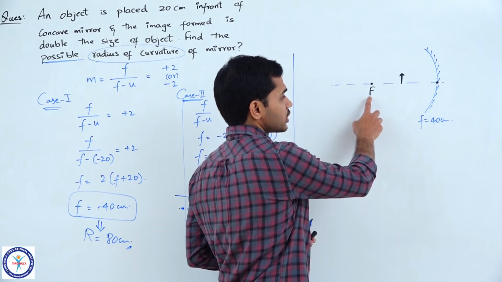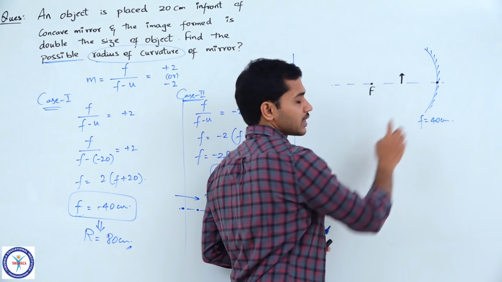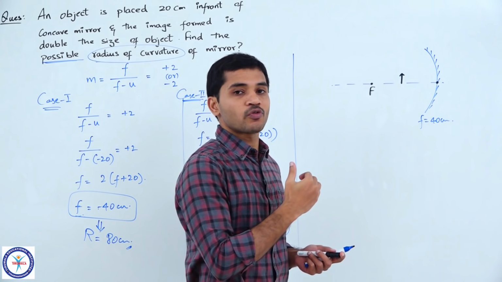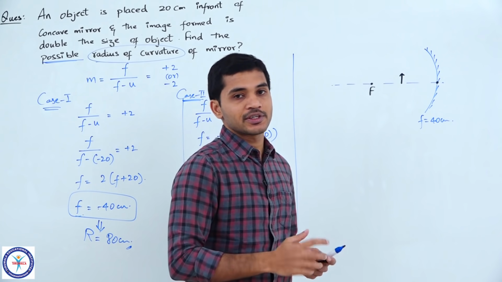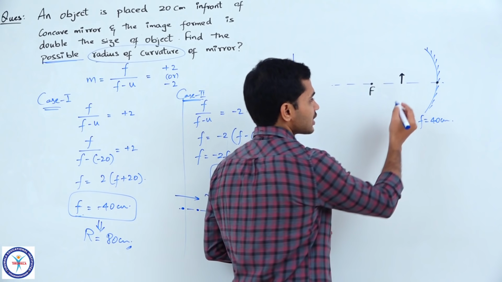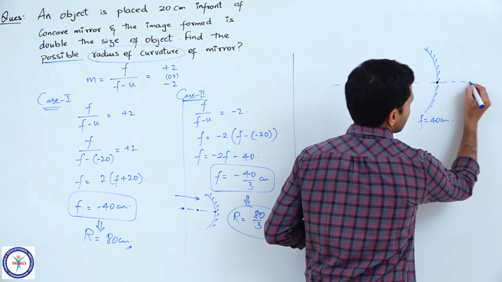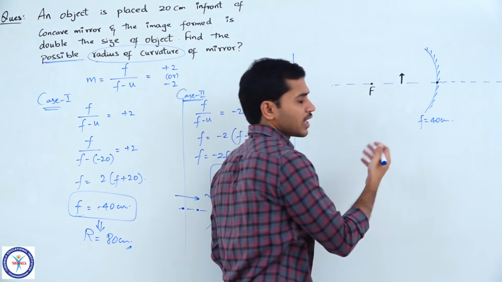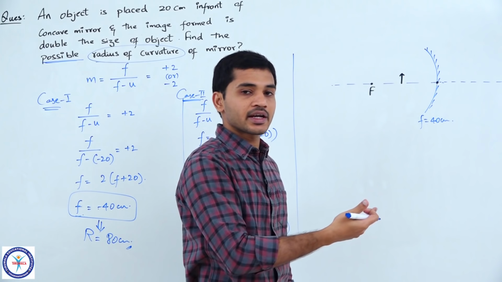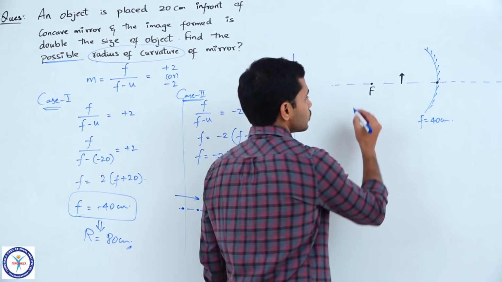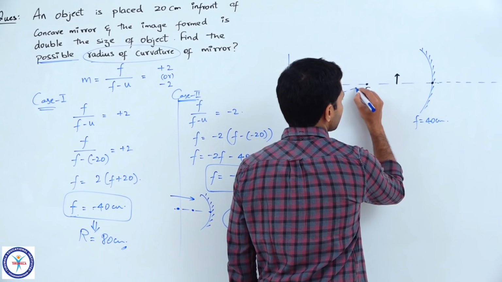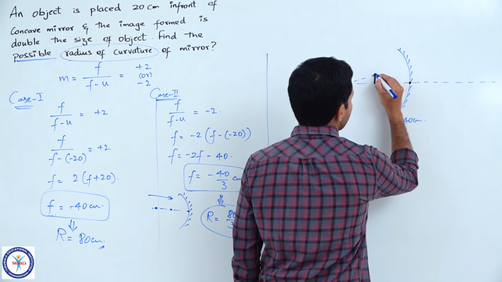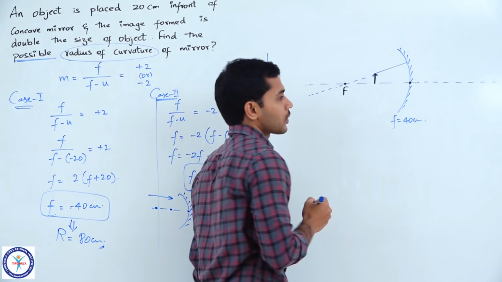Whenever the object is placed between the focus and the pole, the image is formed behind the mirror. A virtual image is basically formed. In this case, I will just extend this. You can take any 2 rays, draw the ray diagrams and find the image location. I will take one light ray which is passing through the focus and incident on the mirror, right.